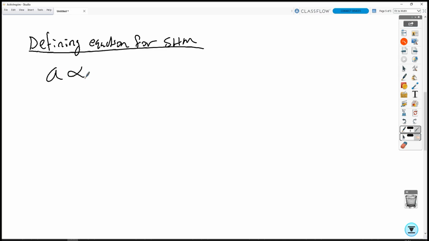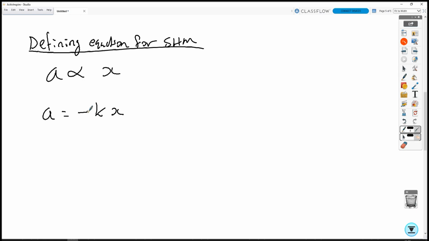So a is proportional to displacement. We typically don't like proportionality symbols, so we want to get rid of them. And we get rid of them by putting a constant of proportionality in there. So a is equal to some constant times by x. But we're also going to remember the opposite direction. So if we have an opposite direction, we're also going to have a minus sign.